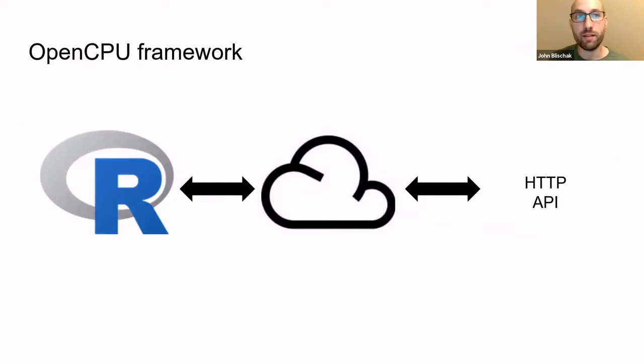So the one we end up using is called OpenCPU. Its difference is that it tries to abstract away the R stuff from the front end, right? It sits in this layer in between where it will translate all your R functions. If you're an R programmer and you write R functions, what OpenCPU will do is convert those and expose them via an HTTP API.